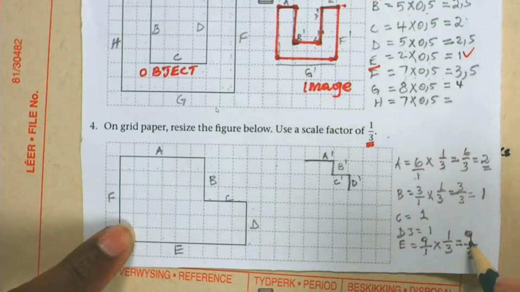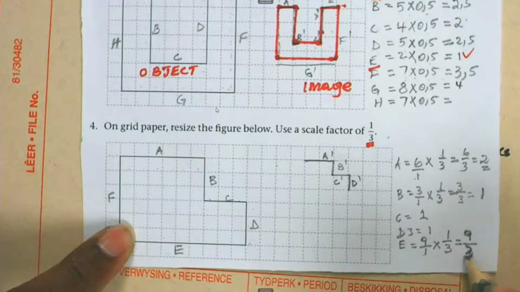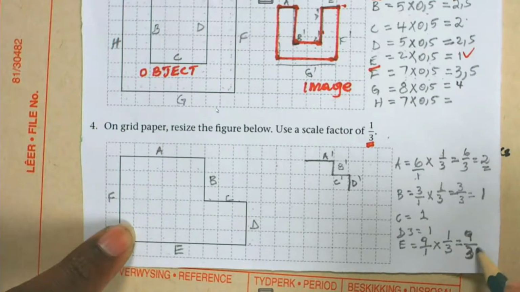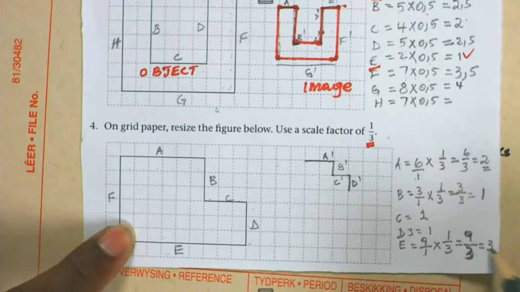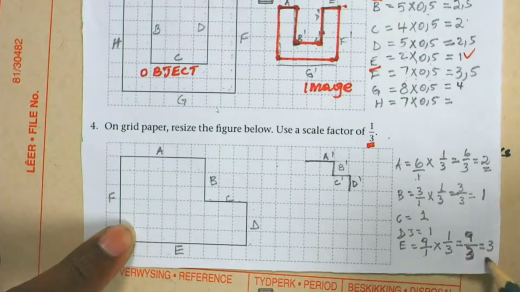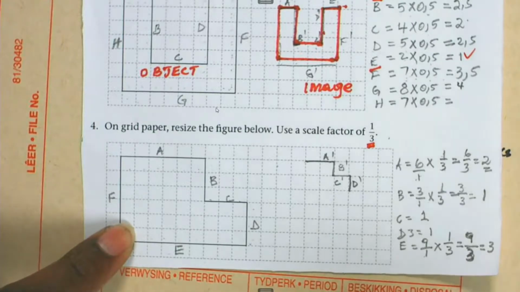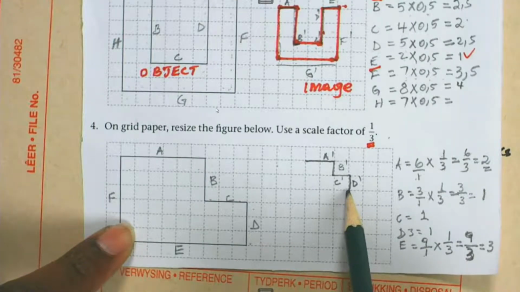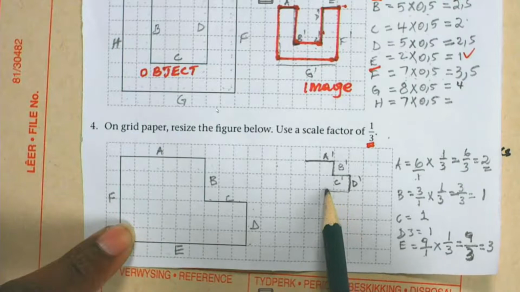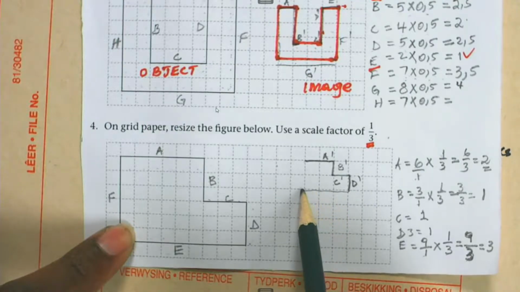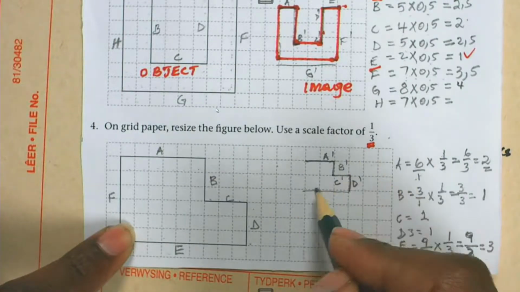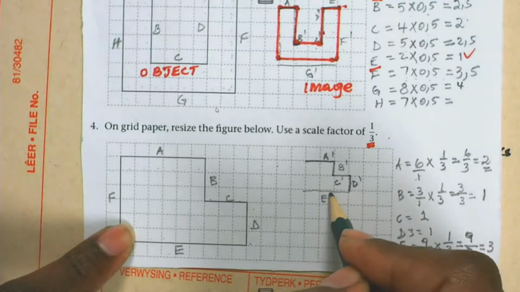Therefore, remember this is a division line. 9 divided by 3 equals to 3. 9 goes into 3 times without leaving any remainder. So E will be 1, 2, 3 blocks going to the left. So this will be our E prime.